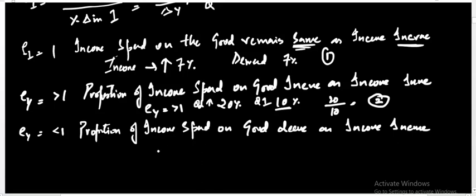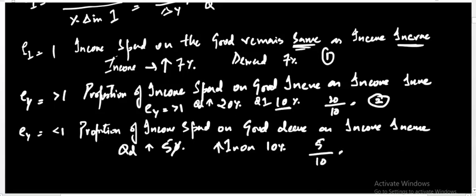Now say for example, there is an increase in the quantity demanded by 5% when the income increased by 10%. So in this case 5 by 10, which is equal to 0.5, so the income elasticity is going to be less than 1.